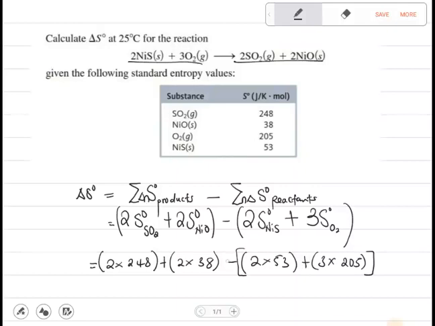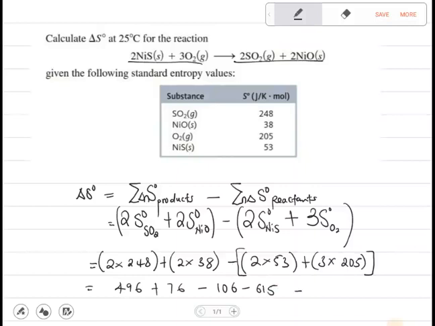This negative is multiplying everything inside, that's why I've introduced curved brackets. Now, get the calculators. This is giving me 496 plus 76 minus 106. Again, remember this minus is multiplying everything, so that will be minus this and minus that. This is giving me 615.